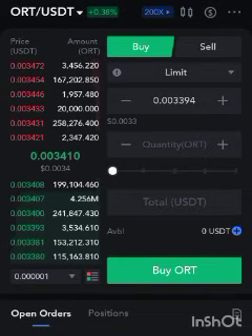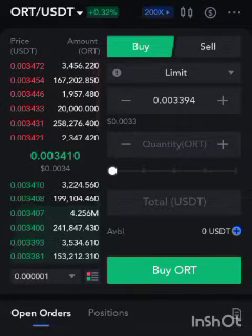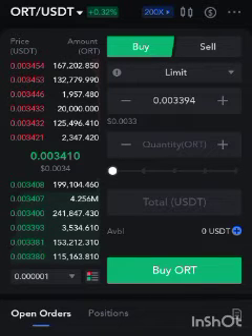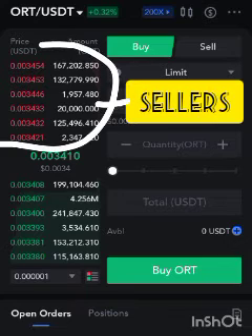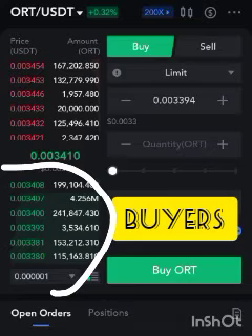Now, number two is that, as you can see, we have the order book here, and there is a part above that is red and a part below that is green. I told you before, the red side is the seller side and the green side is the buyer side.